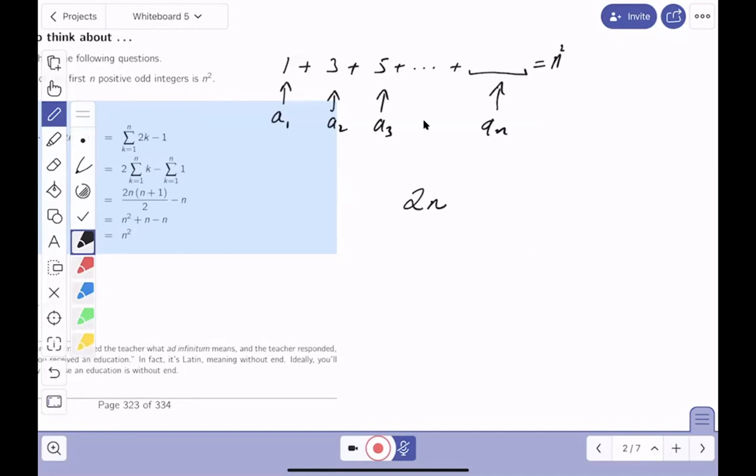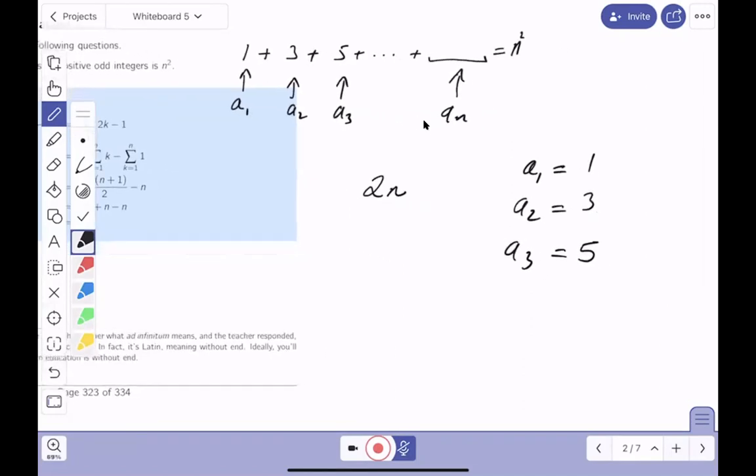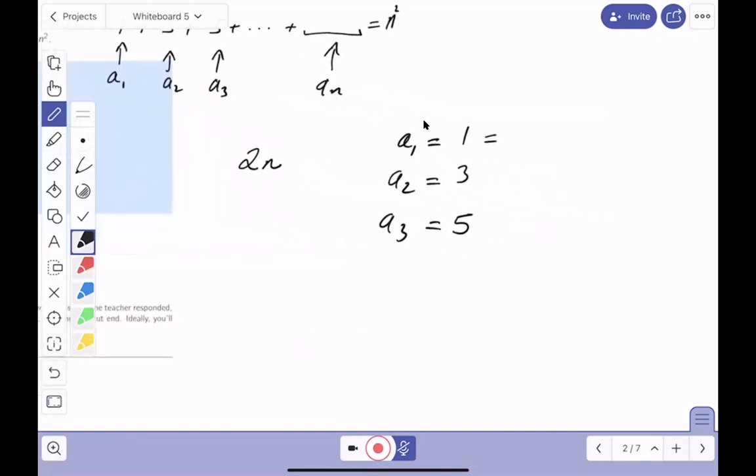They're going up by 2, right? So A1 is 1, A2 is 3, A3 is 5. And I'm saying that's something to do with 2n. So to me, it looks like it might be 2n, I'll check it though, minus 1. Right? It looks like that.